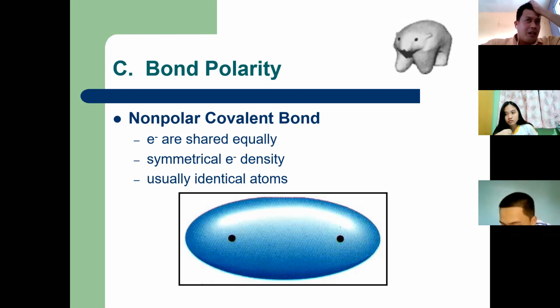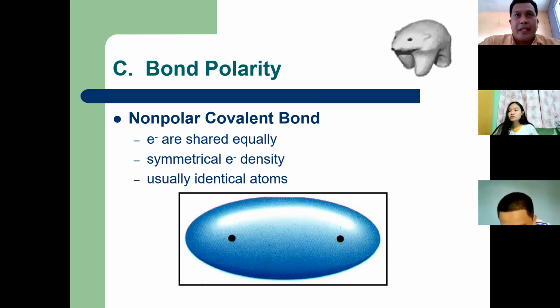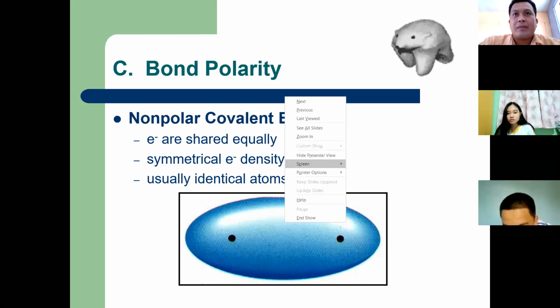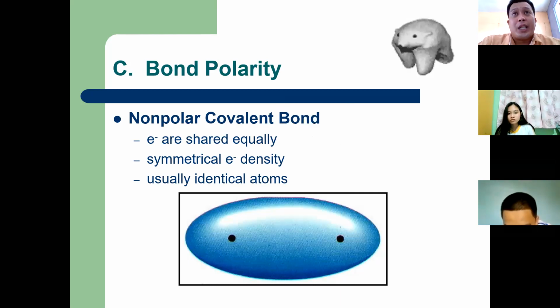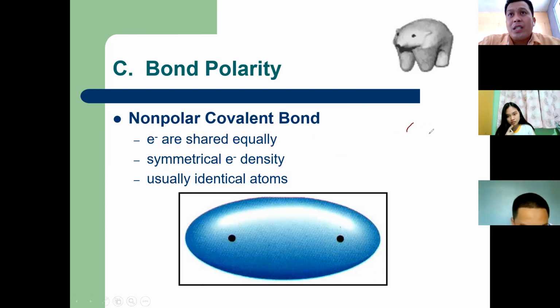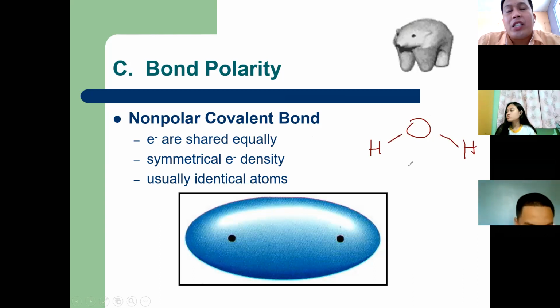For example, water. Let's try water. The molecule of water is H2O, right? So we have here oxygen and hydrogen, joined by covalent bonds. But take note that oxygen contains 6 valence electrons. So we have 1, 2, 3, 4, 5, 6.